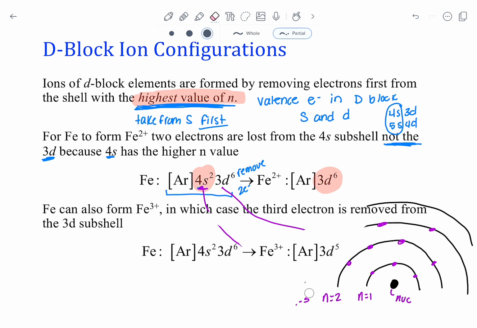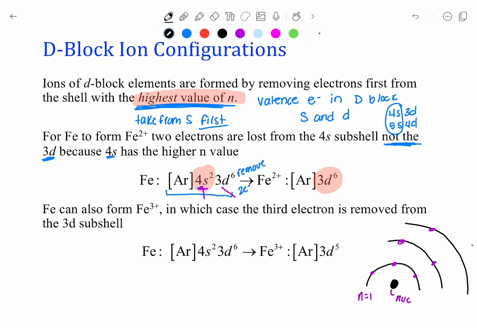Now, iron can also form a 3+ ion. So if we look at iron by itself, it's neutral. It's argon 4s2 3d6. If I'm removing now 3 electrons, 2 of the electrons are coming from the 4s, and then that's going away.